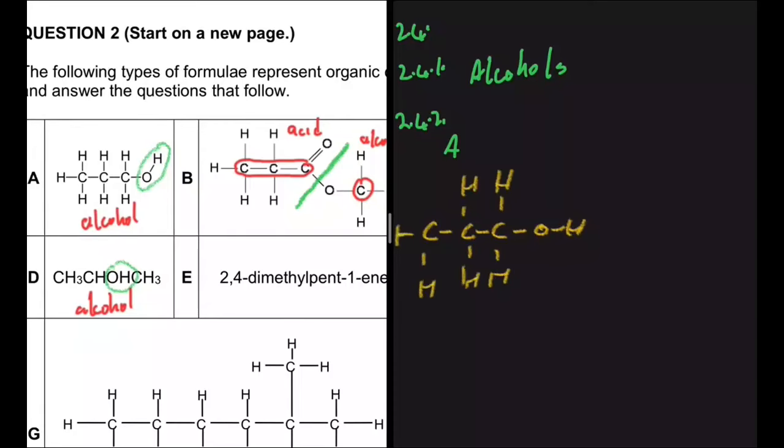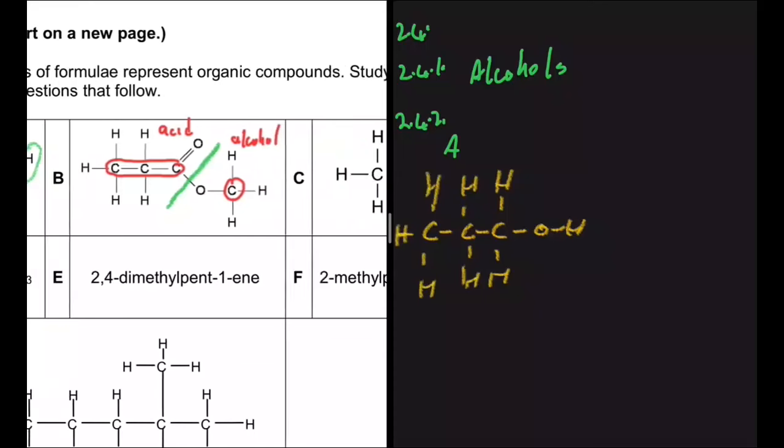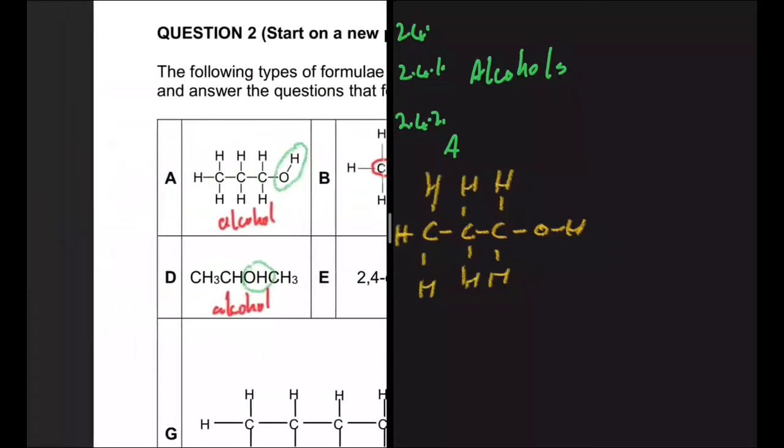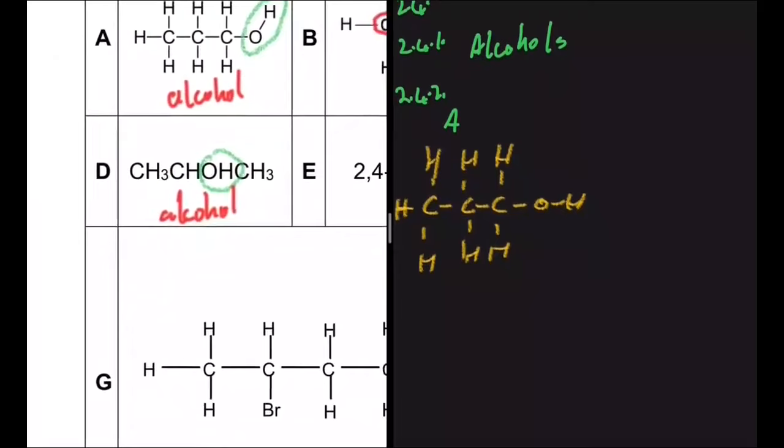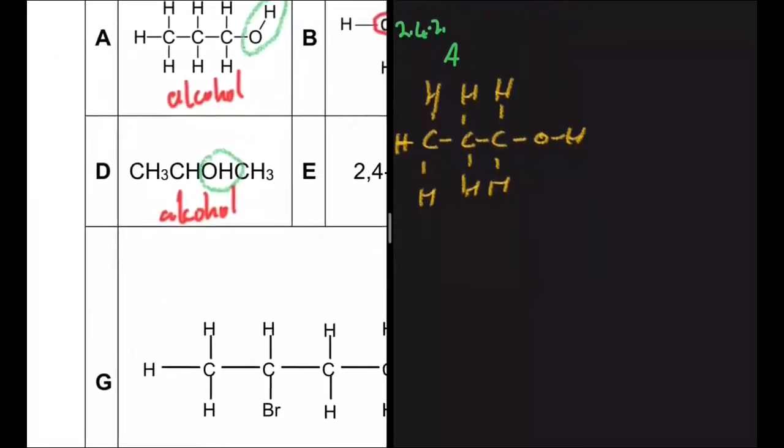And then let's look at D. So for D, we have the condensed structural formula, which we're going to write in full now. So we have a carbon with 3 hydrogens. We have the second carbon, and then on the second carbon we have 1 hydrogen and an OH, and then the third carbon with 3 hydrogens.